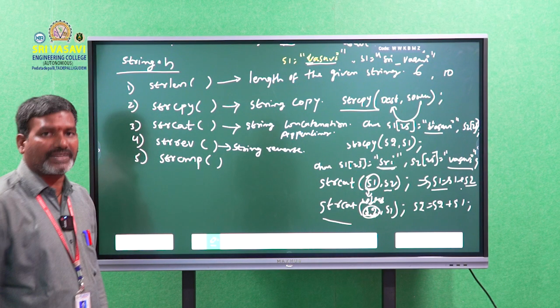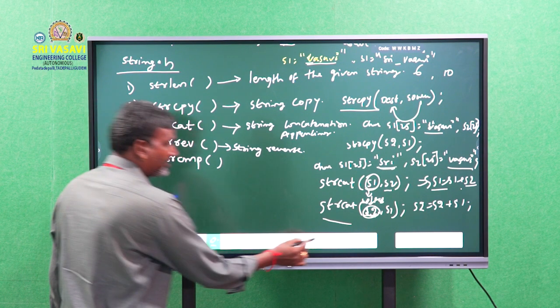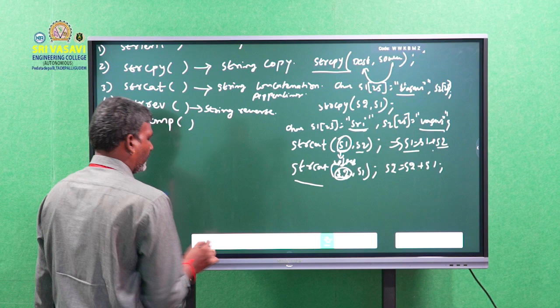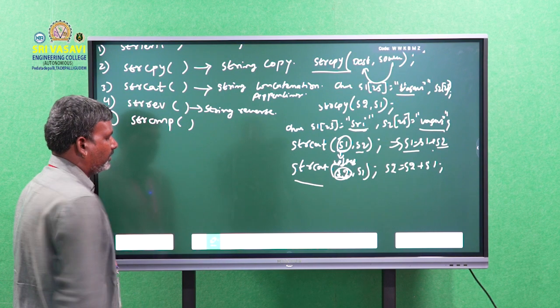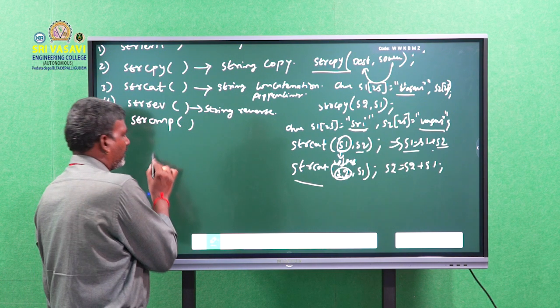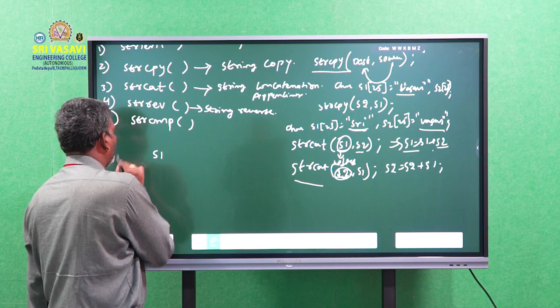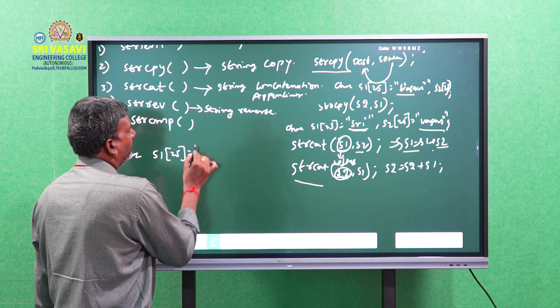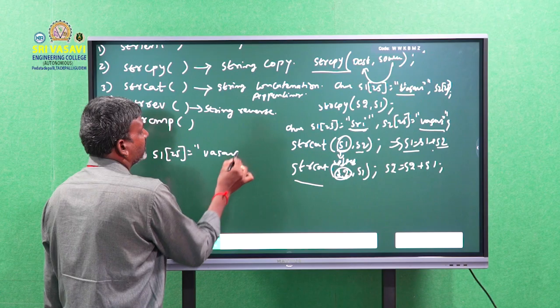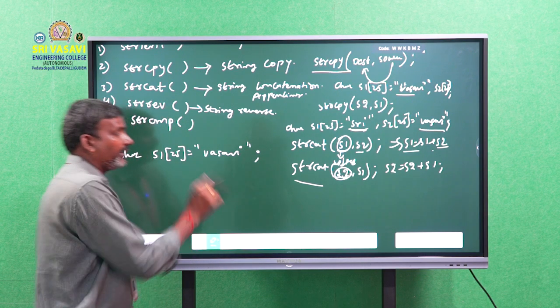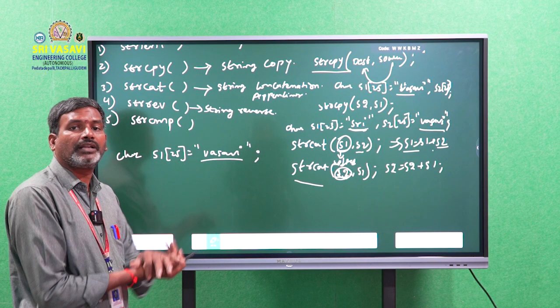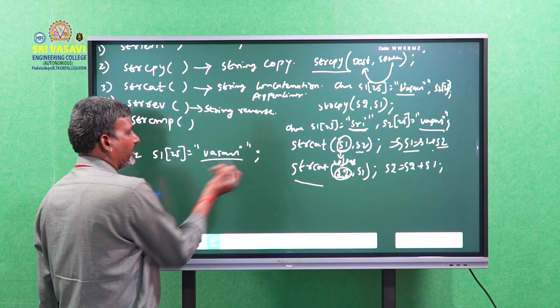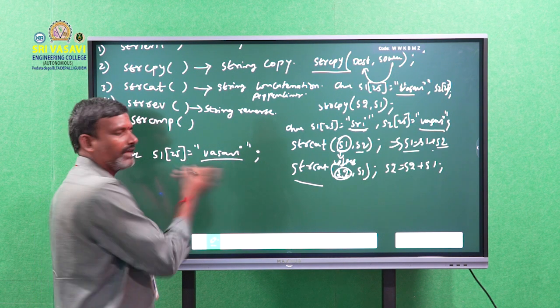String reverse. That means I want to find the reverse of a given string. Suppose char s1 of 25 contains the Vasavi string. I want to display this in reverse order. The first letter is I, V, A, S, A, V, like that.